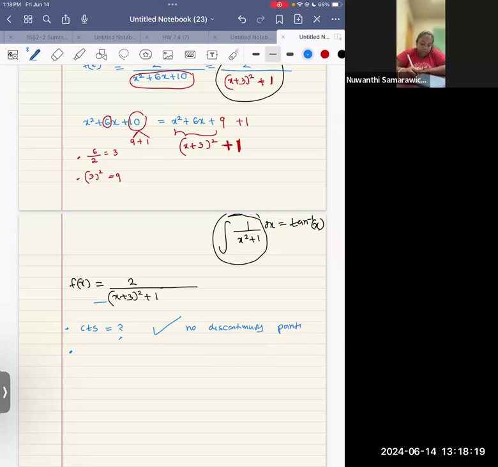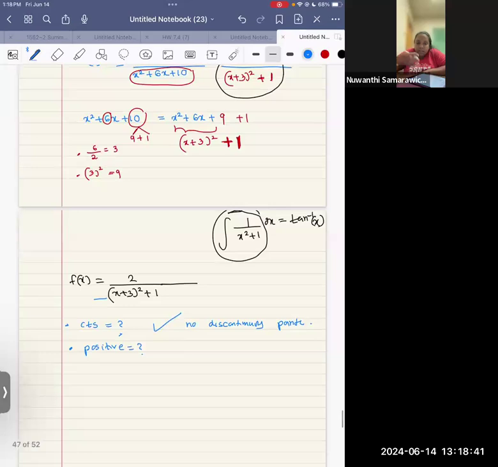Okay, then what do you think? Is it positive? Yes, I see. Jai said yes. So it is positive because here again it's a square.